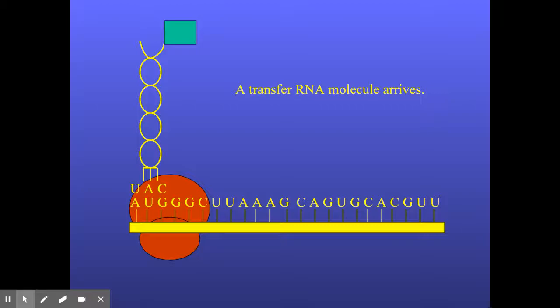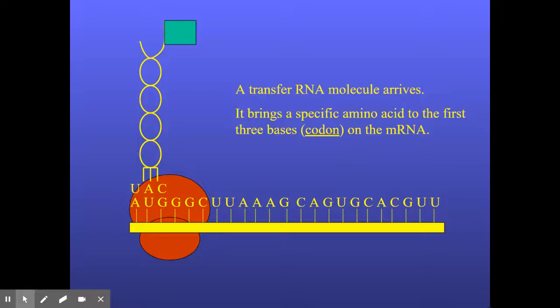So what it does is it brings a specific amino acid to the first 3 bases. This is your amino acid up here, this little greenish blue box at the top. And they match that codon.